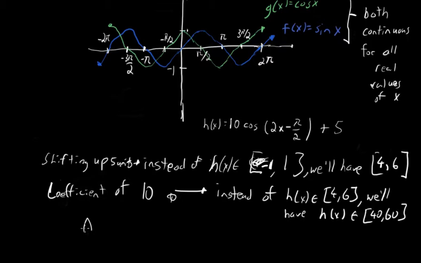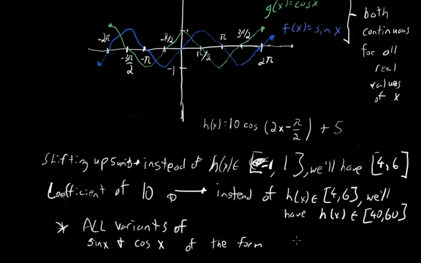So really, all variants of sine x and cosine of x, I'll put an asterisk here, of the form f of x equals a sine of bx plus c, plus d, and each of these can be positive or negative numbers, rational, irrational, as long as they're real numbers.